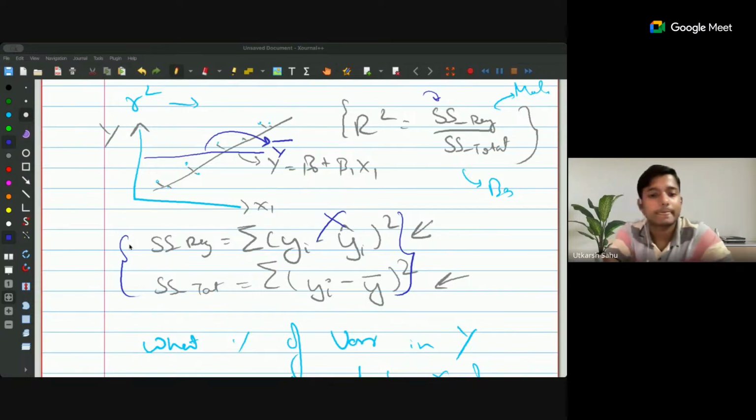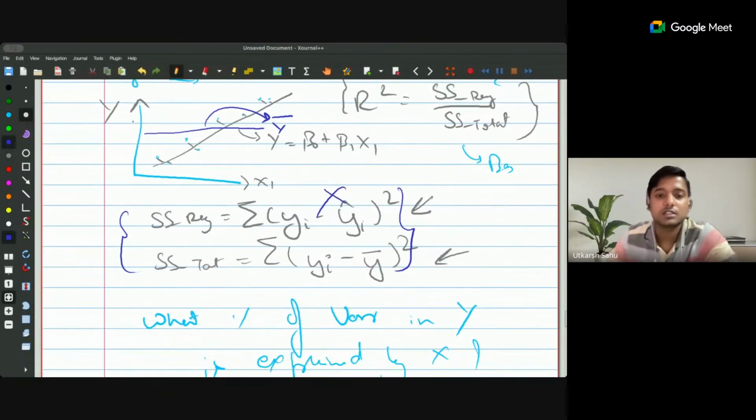Let me come here. So this link is here and you can refer to this for your ANOVA related calculations, SSR, SSC and so on. So sum square total is that only, y minus y bar. Sum square regression is basically y predicted minus y bar.